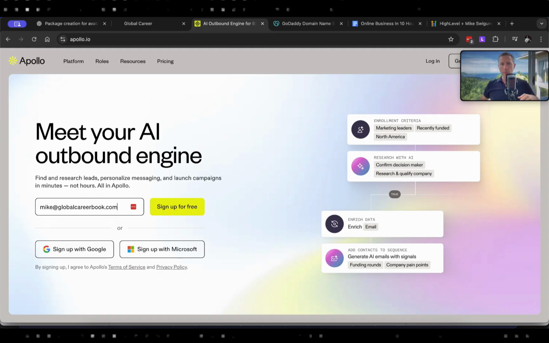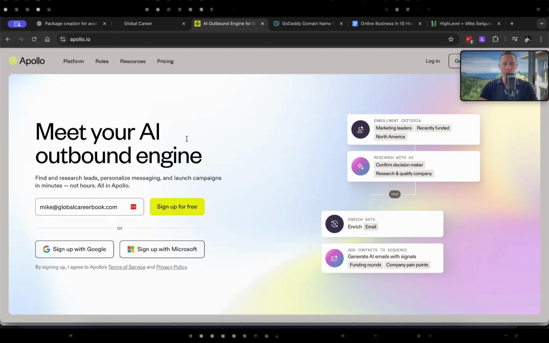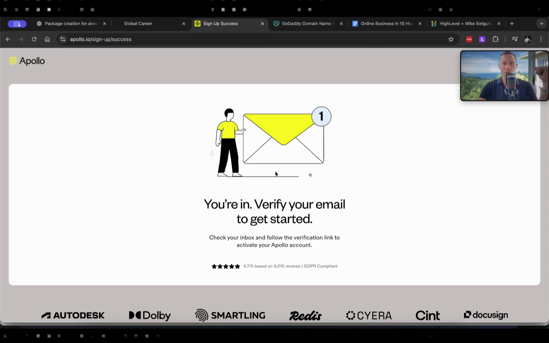The cool thing about Apollo is it's basically scraped LinkedIn for a bunch of great leads. All you do is sign up for Apollo for free, answer some questions, and then you'll have access to a place to get thousands of leads for free. You got to verify your email, and then once you're in, you're in.